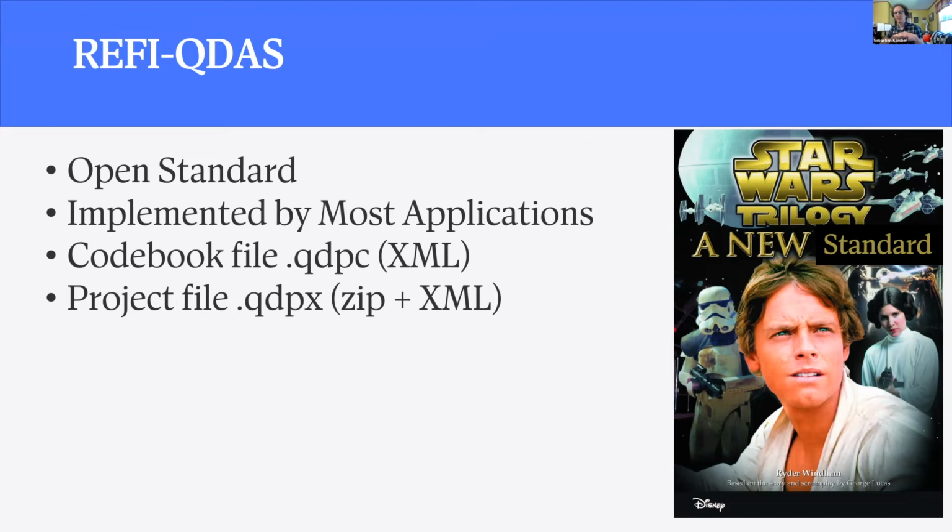So all the major players that I showed in the beginning have that implemented. There are two versions here: a very simple XML-based format, QDPC, that just represents the codebook, so what codes are available, and a fairly complex format called QDPX, the QDA project file, that is a zip of all the data files, and then a fairly lengthy XML file that describes all the other features in the data.